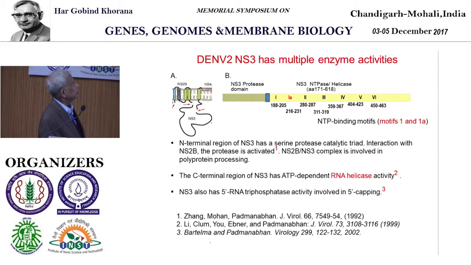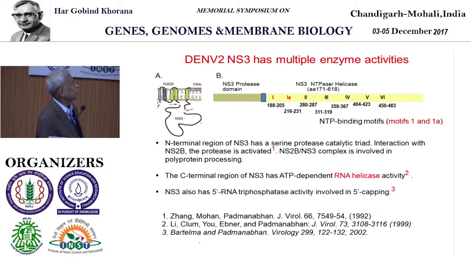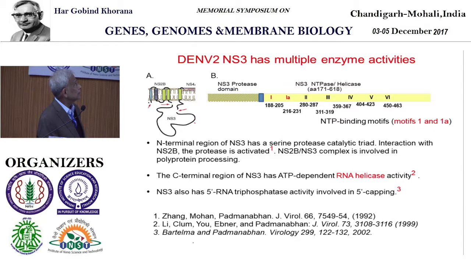NS3 is a multifunctional protein. The N-terminal part of NS3 is a serine protease catalytic domain, but it requires NS2B, which is an integral membrane protein in the ER, for interaction and activation of the protease domain.